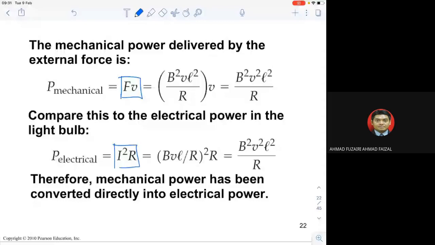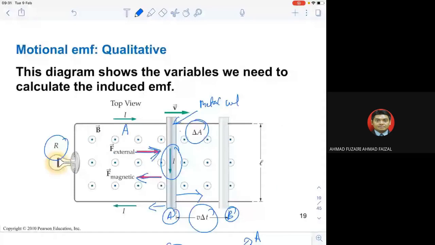So the mechanical power has been converted directly into electrical power. Mechanical means we bring this metal rod from point A to point B, so we do mechanical work to get electrical energy. Simple. Mechanical energy is converted to electrical energy.